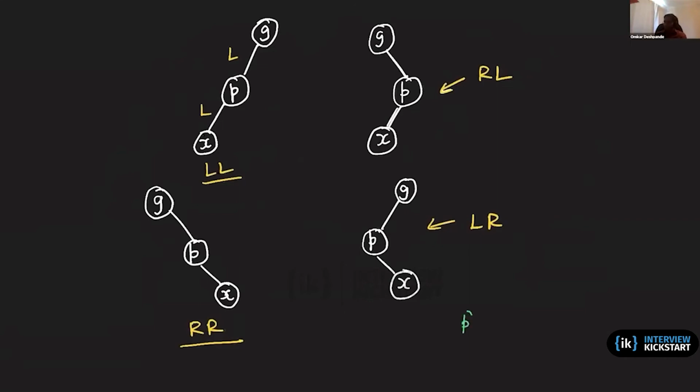We would have had P at the top, G would have been here, and this X would have actually moved in the left subtree of G with an LL rotation. So as you can see, it's not going to change anything. That's why LL rotation doesn't work in the LR case.